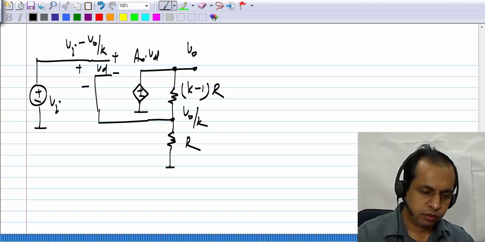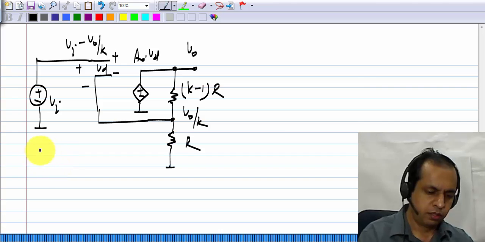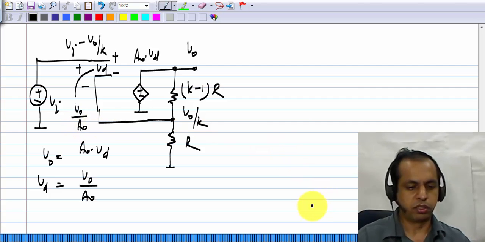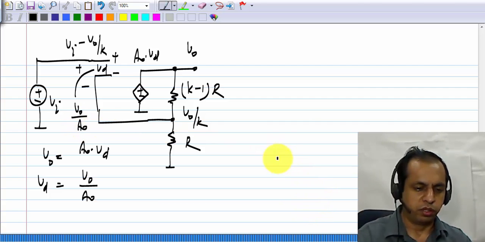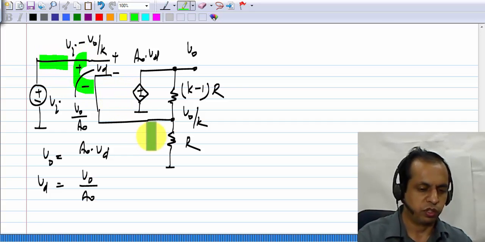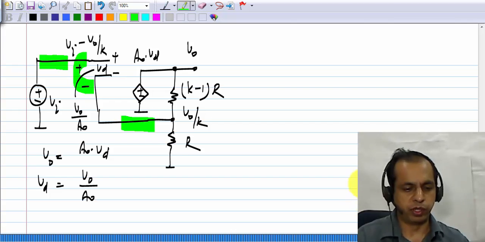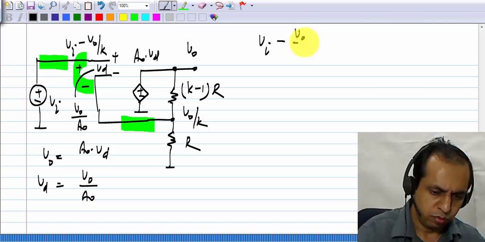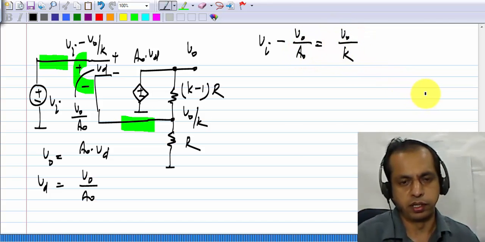So V0 is A0 times Vd, or Vd is V0 by A0. So this number here is V0 by A0. Now all I need to do is to write one equation. This voltage is Vi, this voltage is V0 by A0, and this voltage is V0 by K. So Vi minus V0 by A0 equals V0 by K.